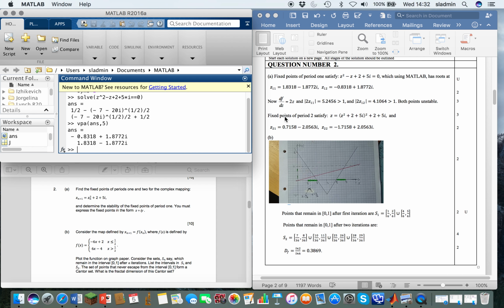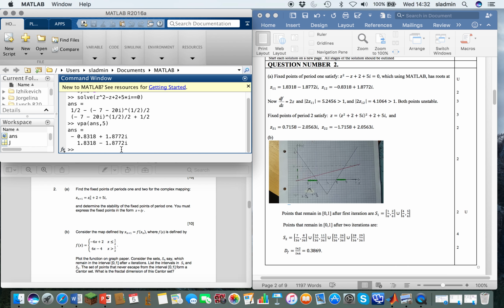To find the fixed points of period 2, we want to solve Zn plus 2 equals Zn equals Z, which gives us this quartic equation. So in MATLAB again, we want to solve a quartic equation.